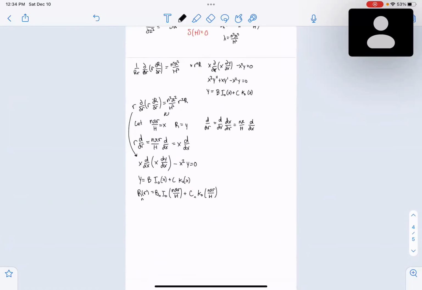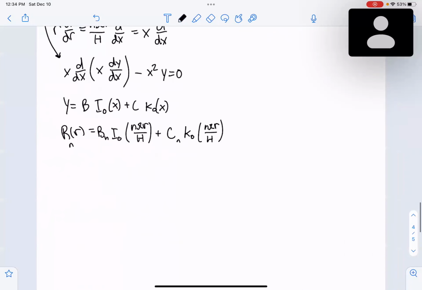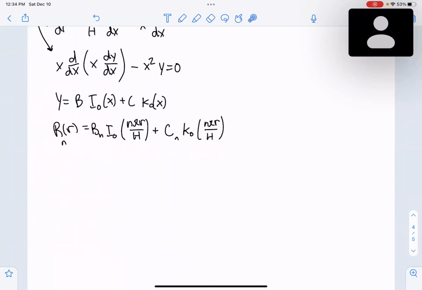The only thing we want to do now is really notice that we can eliminate one of these coefficients here, Bn and Cn, based on the properties of these two functions, I naught and K naught. So basically what you need to remember is that the limit as r goes to 0 of K naught of n pi r over h is equal to infinity. And obviously we don't want to have that. We want to have finite temperature distributions.